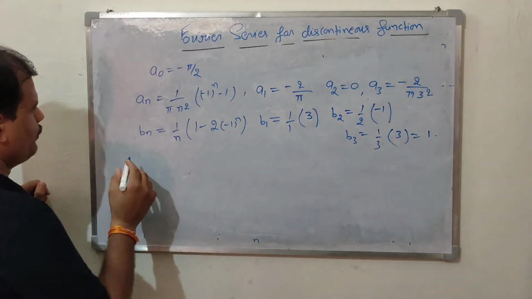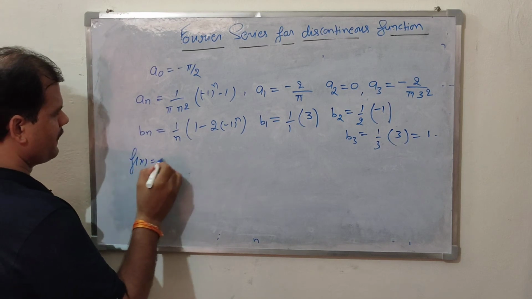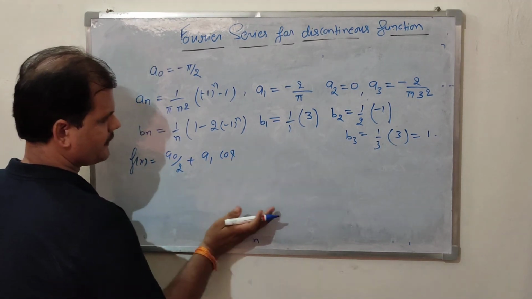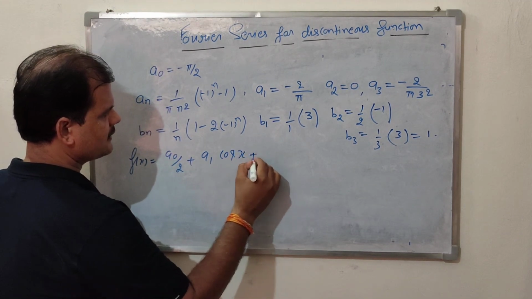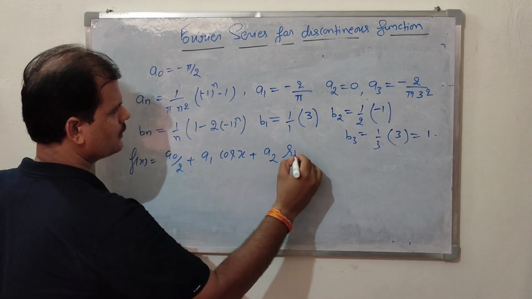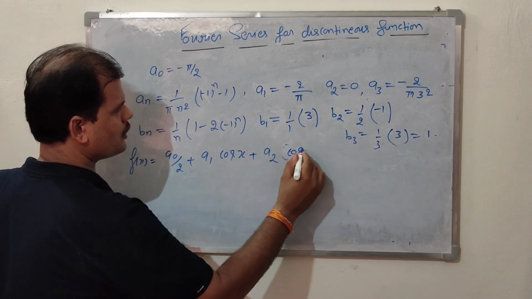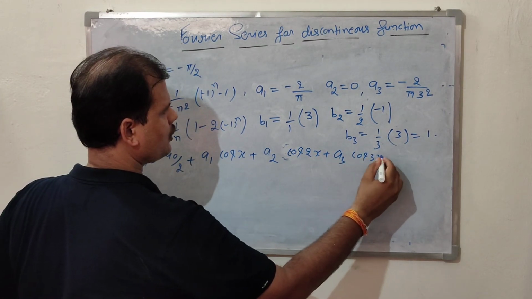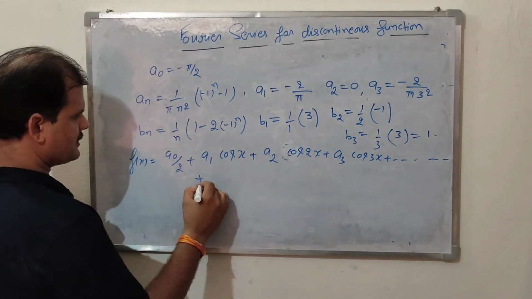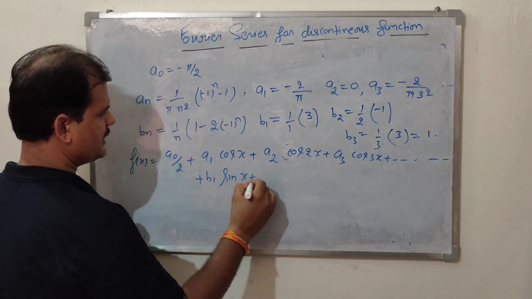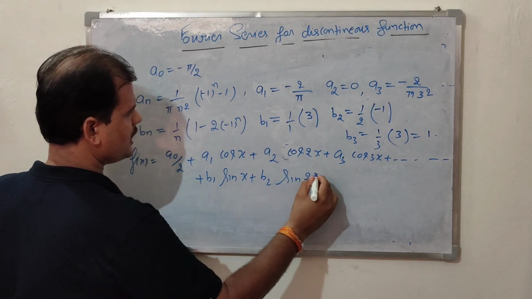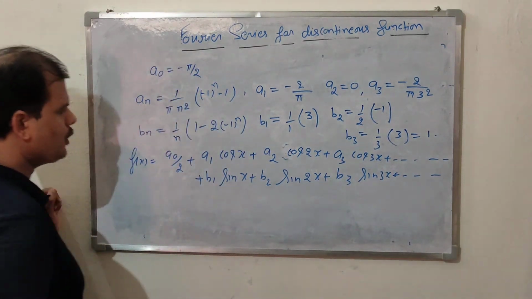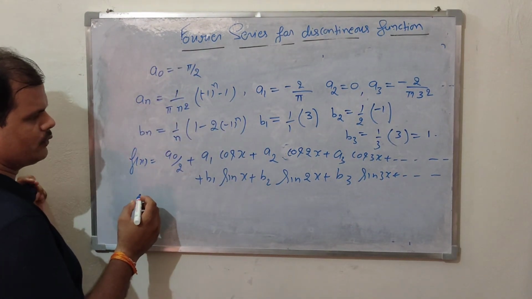So now your Fourier series f of x equal to a0 by 2 plus a1 cos nx, n equal to 1 means x, plus a2 cos 2x plus a3 cos 3x dot dot dot plus b1 sin x plus b2 sin 2x plus b3 sin 3x plus dot dot dot. Now substitute the values of a0, a1, a2, b1, b2 and all.